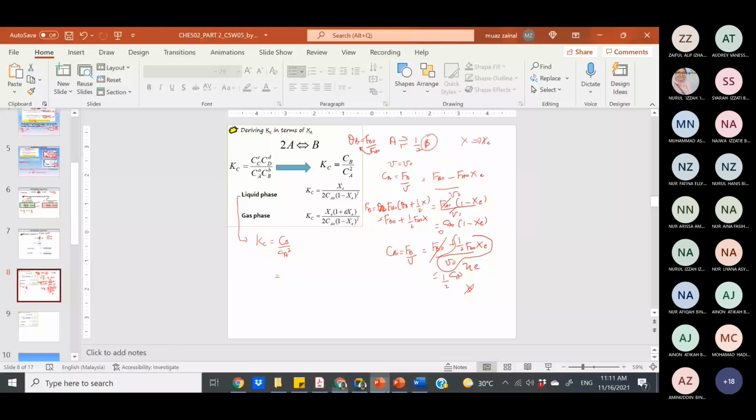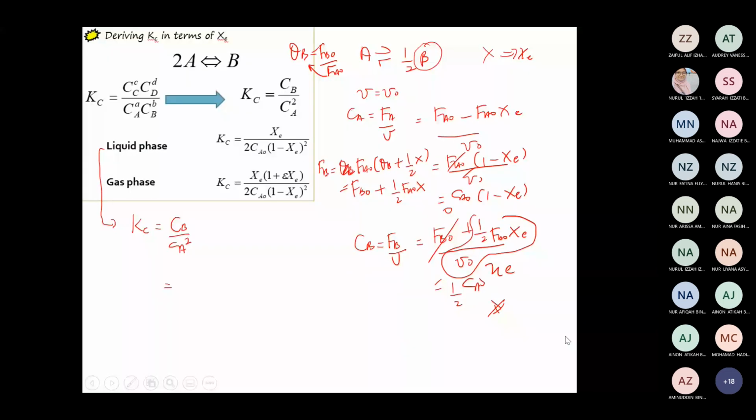Okay, so daripada sini just masukkanlah what is CB. So CB is half CA0 XE, over with the CA squared. CA kita dapat tadi, tapi jangan lupa dia kena kuasa 2.